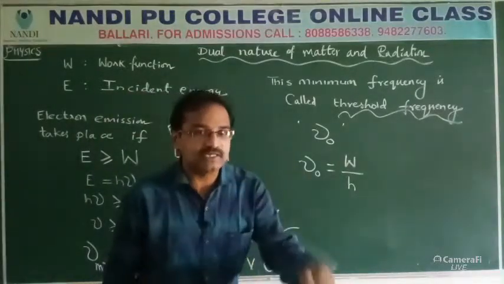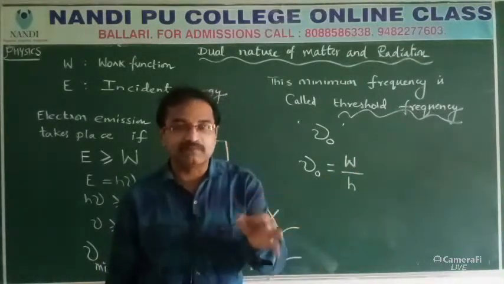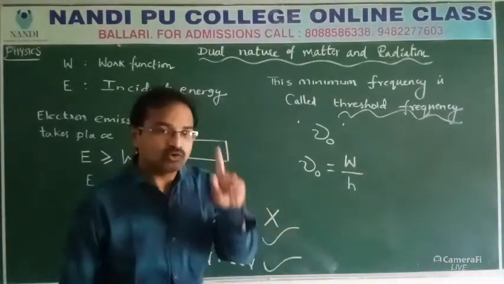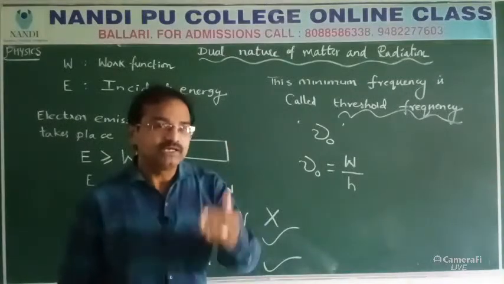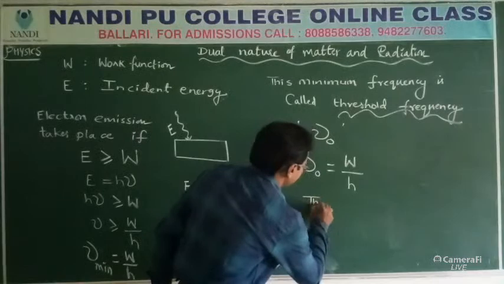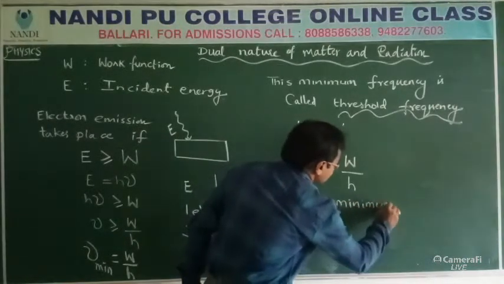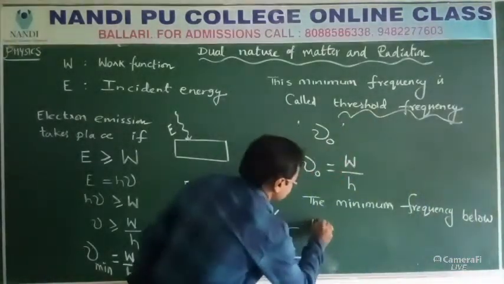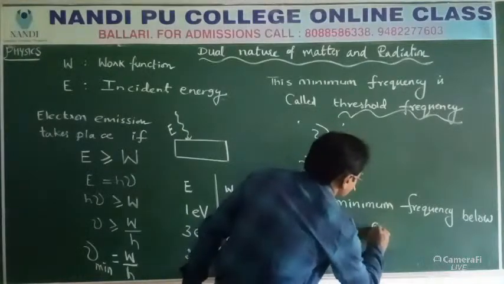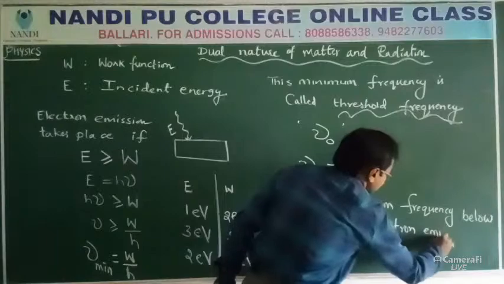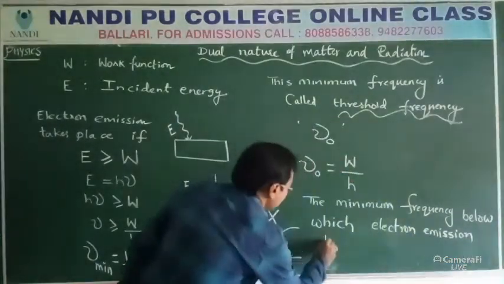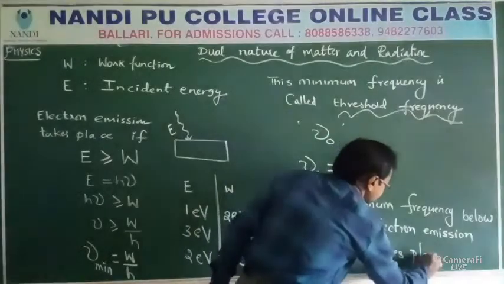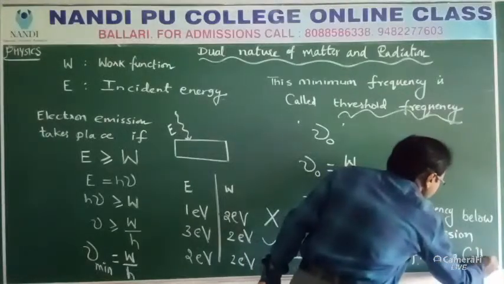The minimum frequency below which there is no photoelectron emission takes place is called threshold frequency.